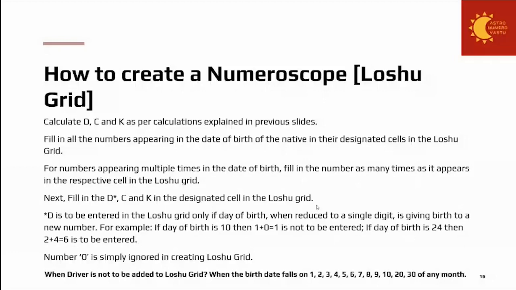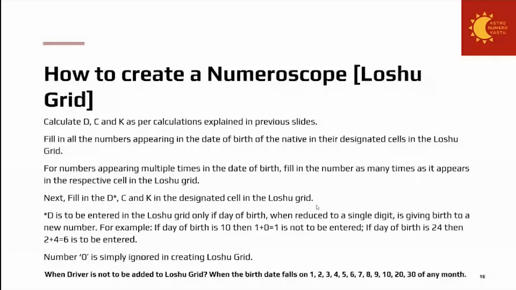And then you have to fill in all the numbers appearing in the date of birth of the native, and the driver, conductor, and KUA number, in the designated cells in the Loshu grid. If a number is appearing multiple times in the date of birth, you will fill in the number as many times as it appears in the respective cell. I'm going to share a couple of examples with you.